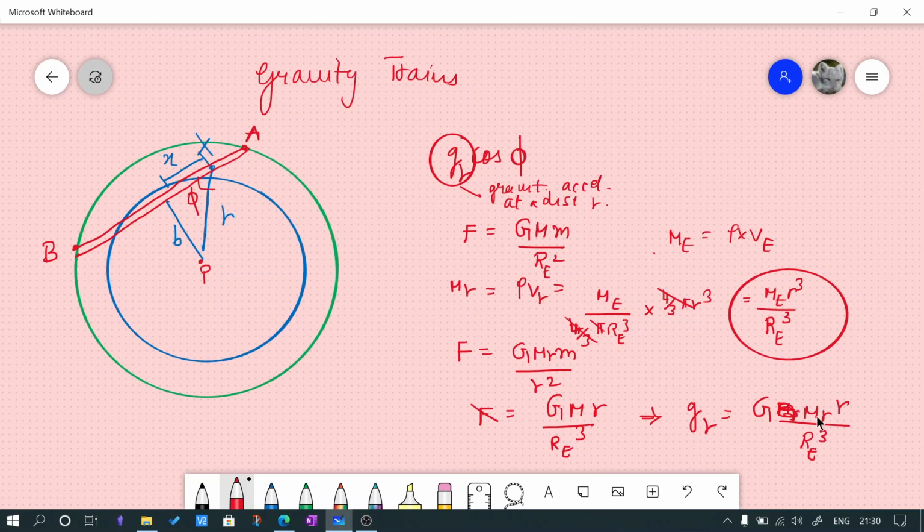On further observation, one can see that G M_e by R_e square is nothing but g, the gravitational acceleration at the surface of the Earth. So hence the value of g_r is g times r by R_e.